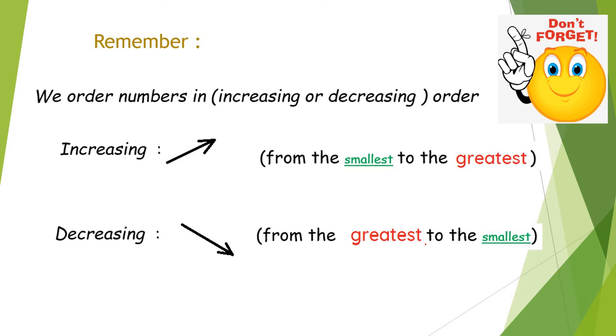So focus when I ask you to order the following numbers in increasing or decreasing order. Increasing is getting bigger and bigger, so the biggest number will be at the end. Decreasing means going smaller and smaller.